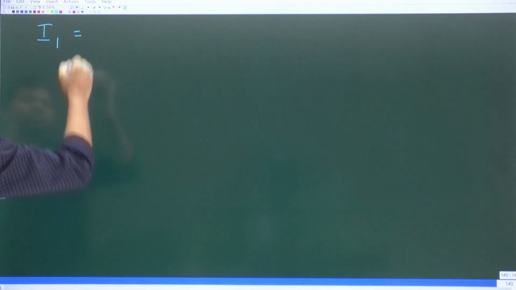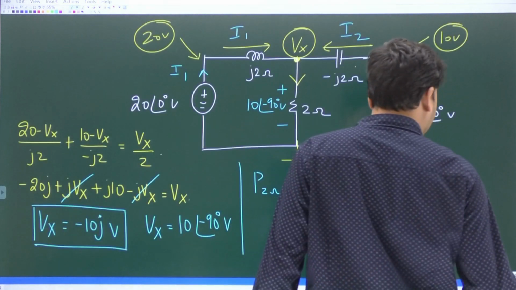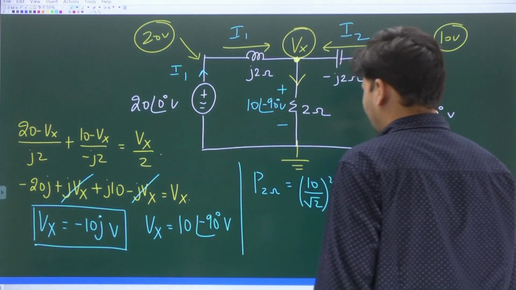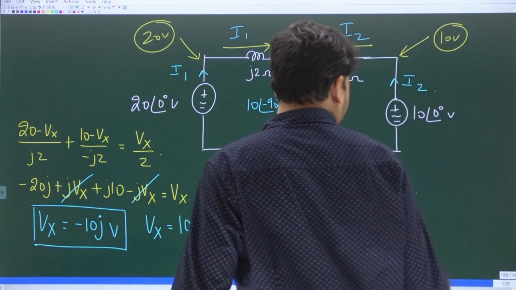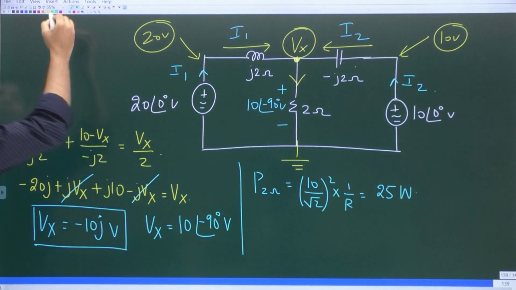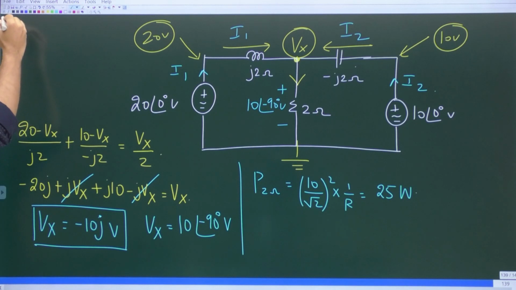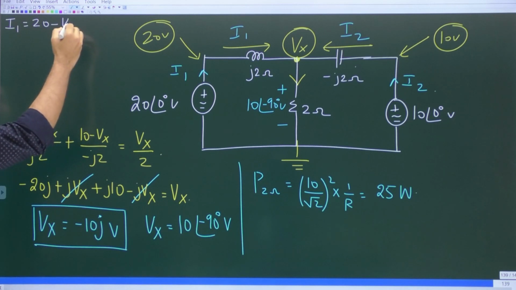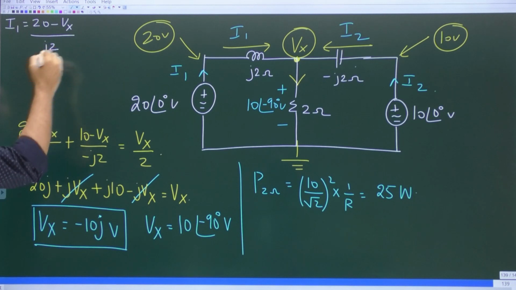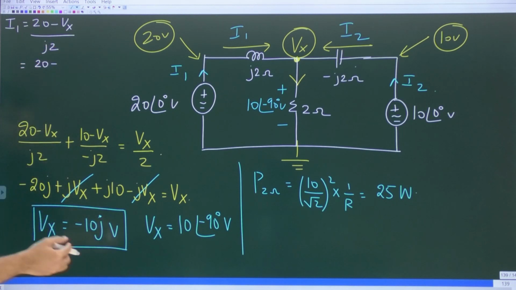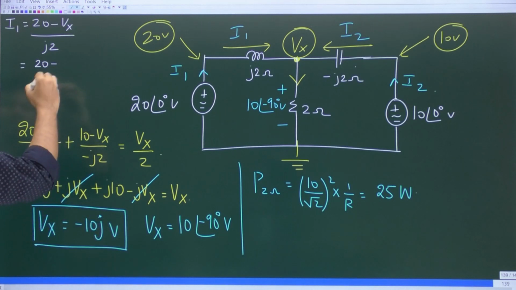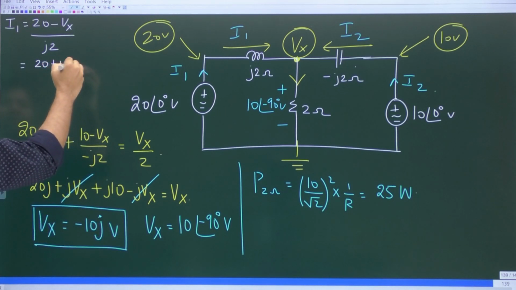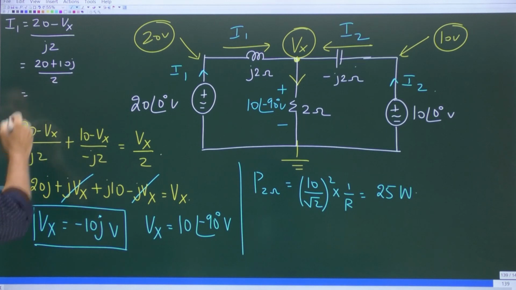Vx is minus 10J. 20 minus of minus 10J is 20 plus 10J, divided by J2.